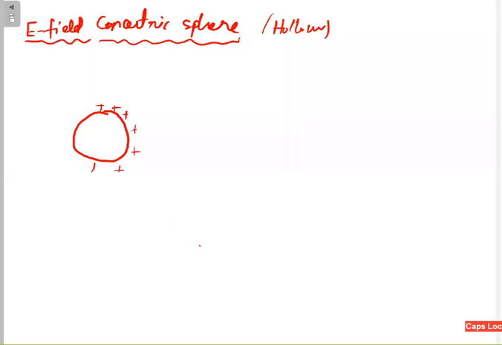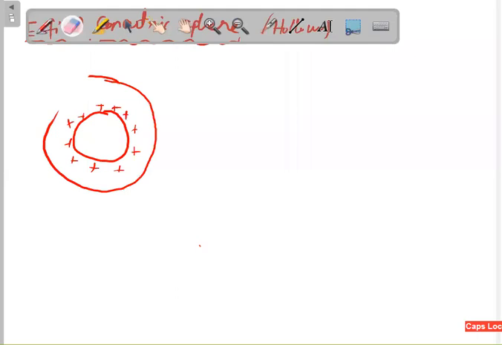And again one more conductor is there, so it is like this. Again, there are some charges on that other sphere also, which I will denote like this.